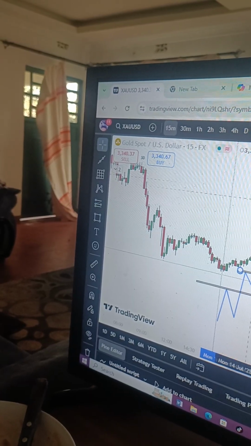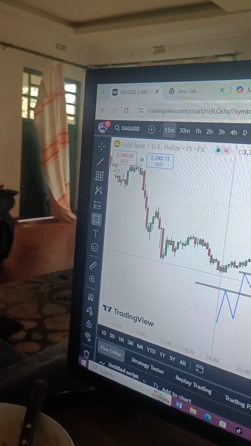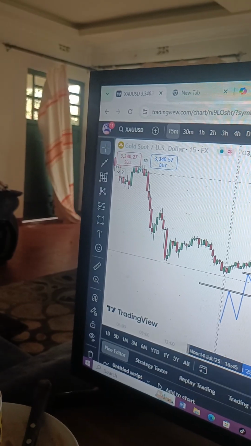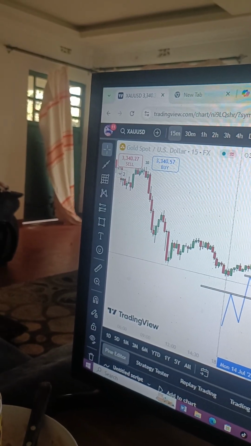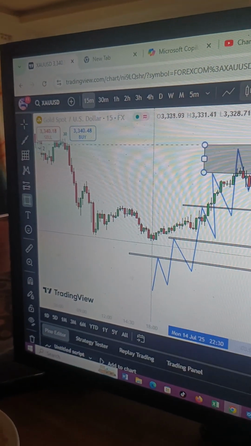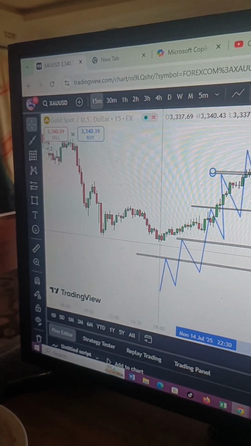We break it, so we are waiting for a retest and continuation. Same as this, we break, and we are waiting for a retest and continuation. For this one, we break, and we are waiting for a retest and continuation.